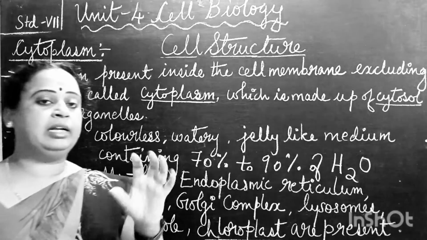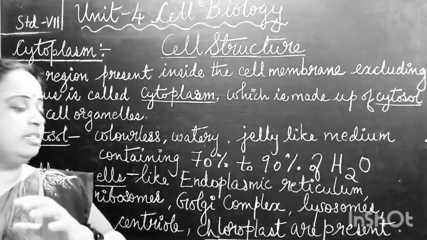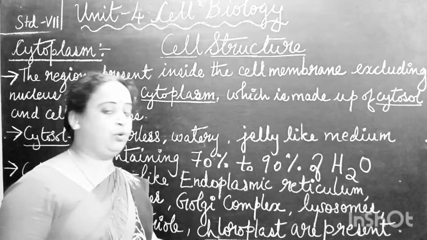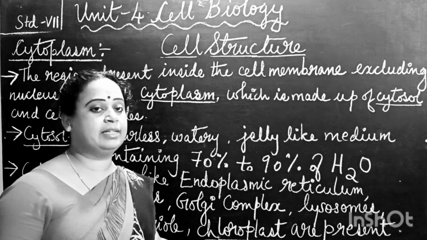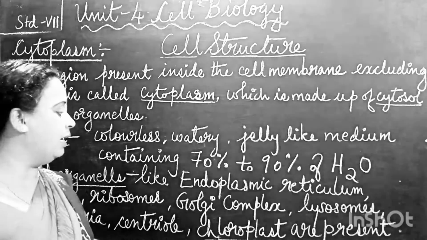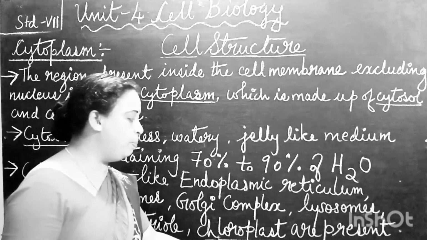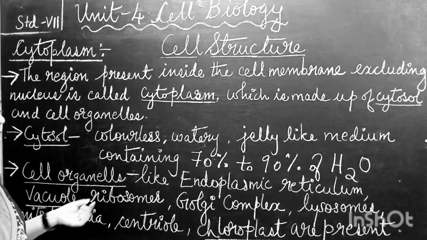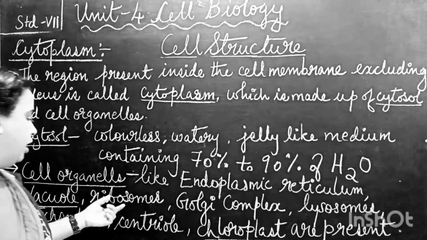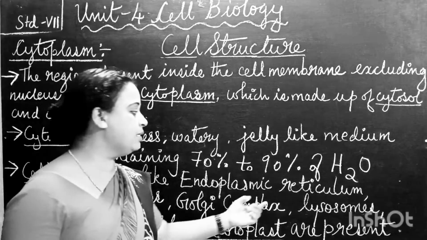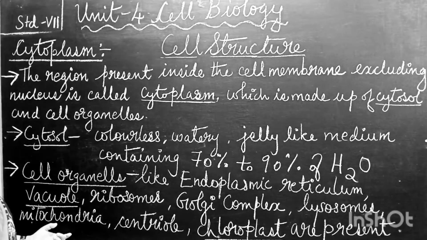So the green color is due to the presence of the chloroplast cell organelle inside the cell. The plant cell contains organelles like chloroplast, big vacuoles, endoplasmic reticulum, ribosomes, Golgi complex, lysosomes, and mitochondria.